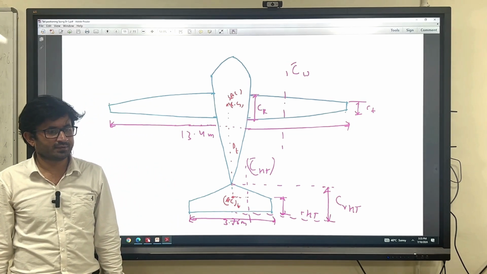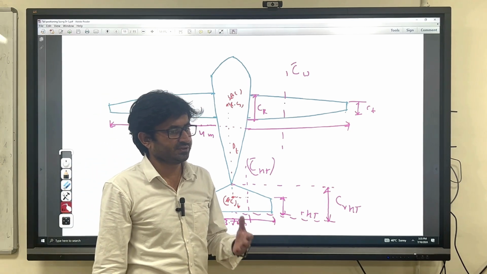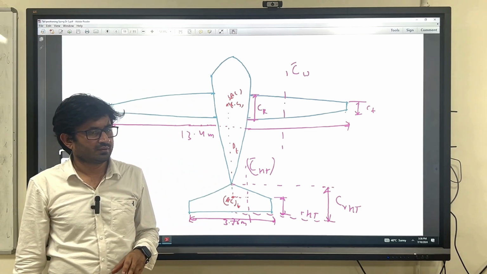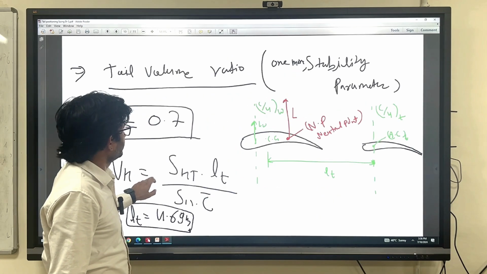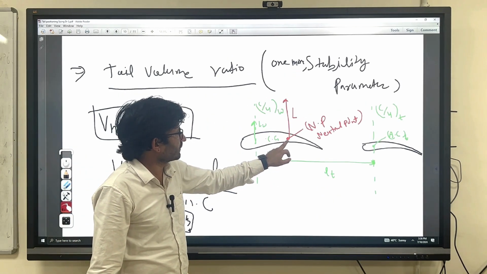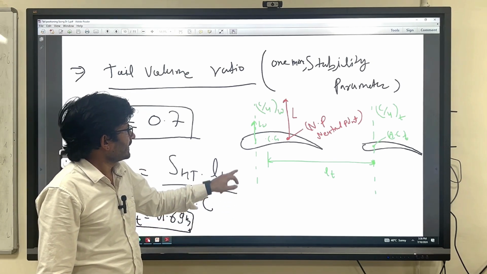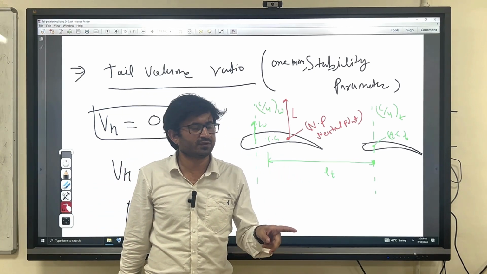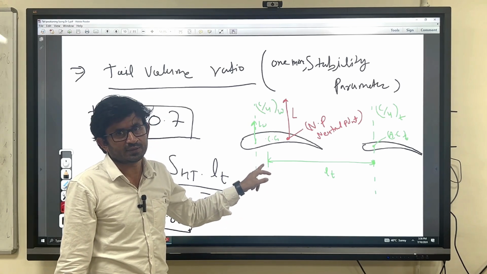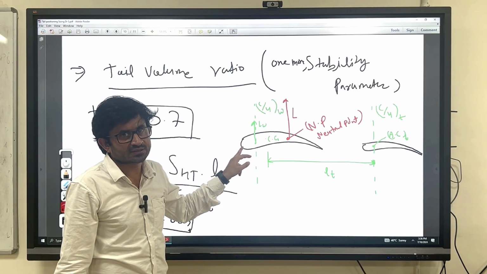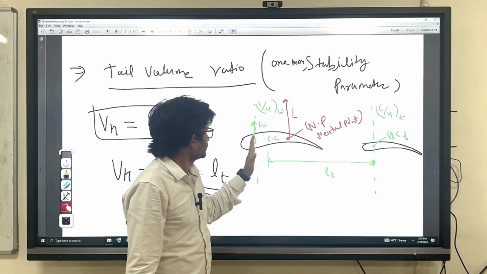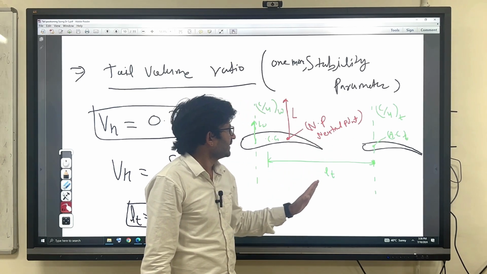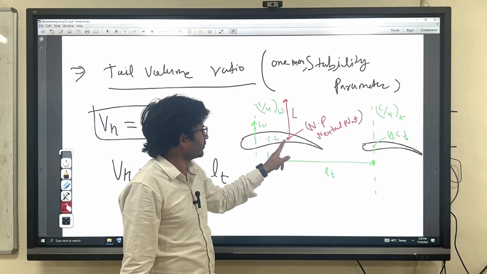And how will you locate the CG? There is one more term I will define later, called the neutral point. If you remove the tail and have only the wing, the aerodynamic center of the wing is typically located at C by 4. When you place the tail, your aerodynamic center will shift in this direction, and that point will be known as the neutral point.